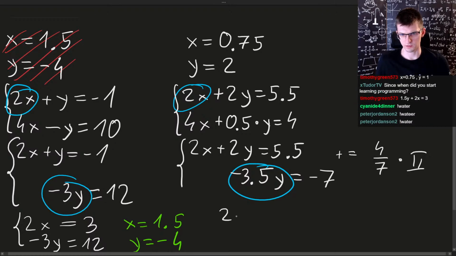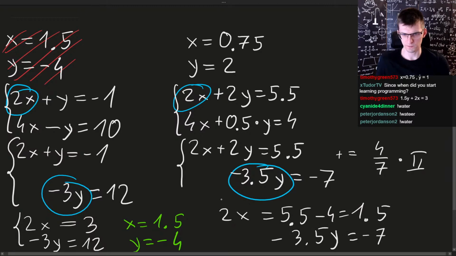What do we get then? 2x plus 0 is equal to 5.5 plus 4, no, minus 4. That isn't 5 times 5, it's 5.5. Minus 4, and that's 1.5. And minus 3.5y is equal to minus 7.